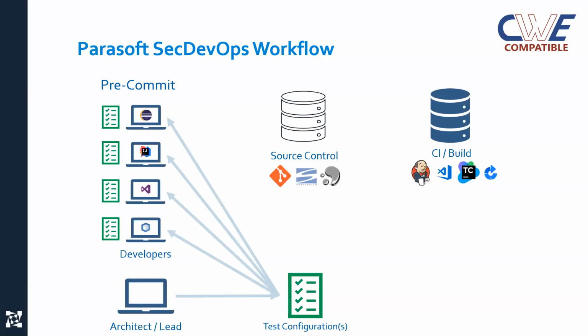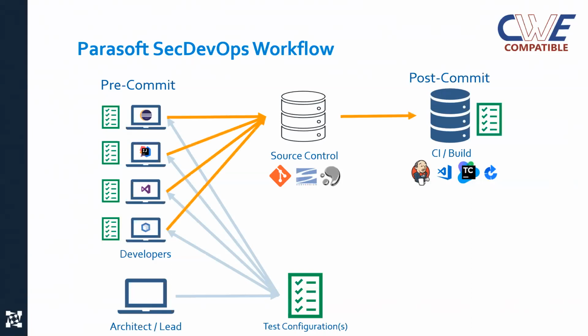Now, we promote a model where you do exactly that. You say, okay, let me analyze the code before I check it into source control. But what we don't promote or advocate is a model where you gate the developer from checking it into source control. Instead, what we want to do is gate your CI pipeline or your deployment process.